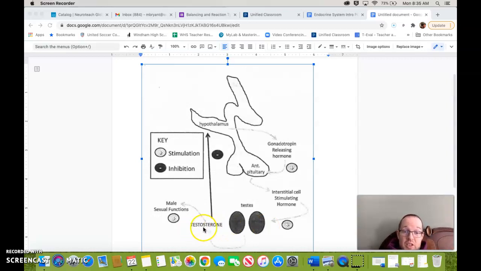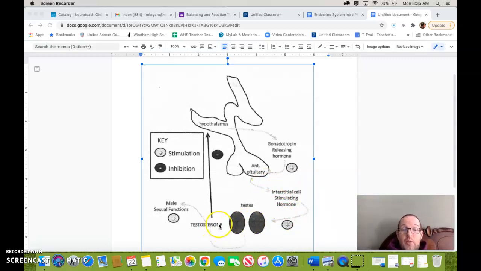Once that level of testosterone got to its normal level, to its set point, we would then send a signal back to the hypothalamus that said, we can chill for a while and stop releasing GnRH. So if GnRH is no longer produced, the pituitary never gets a signal to produce ICSH or LH, and the testes never get a signal to secrete testosterone.